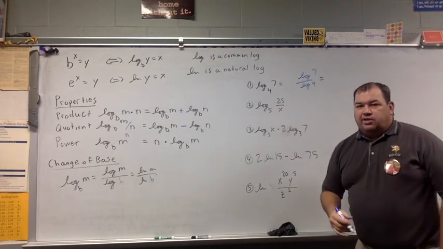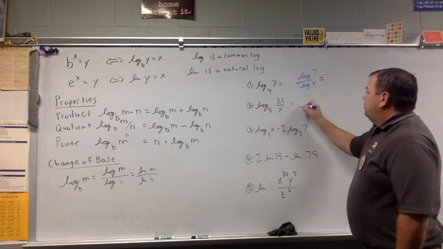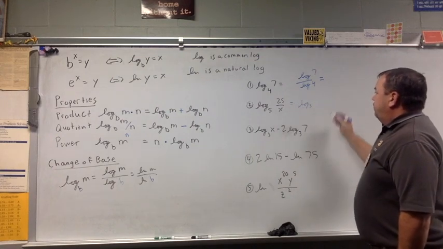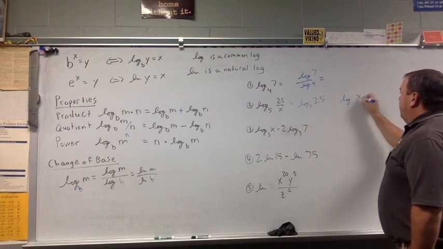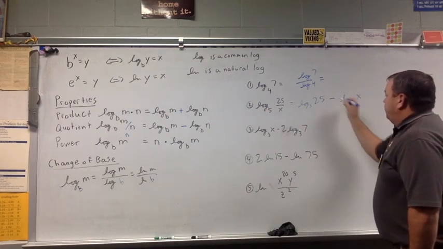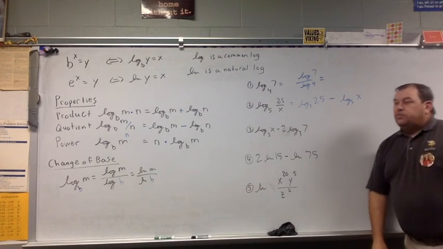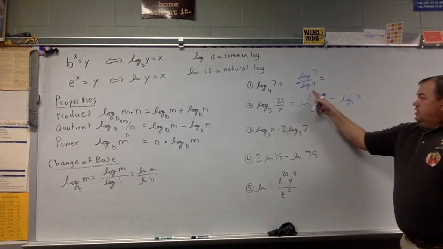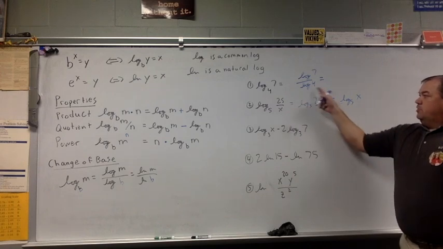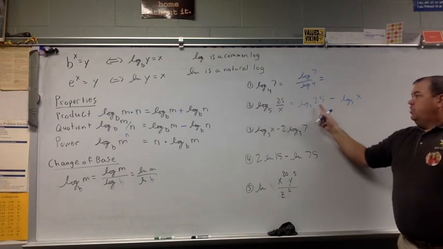This one is using a base 5, but notice that there's division in here. So we're going to break it into two logarithms. A logarithm base 5 of 25, minus a logarithm of x base 5. So we're using the quotient property. Now, since this is all numbers, I can actually do this one.